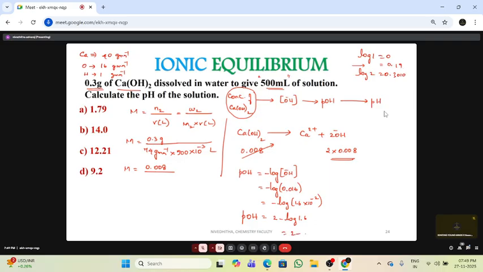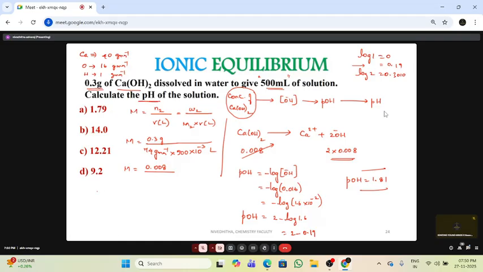What will be the answer? 1.81. Okay, 1.81. Fine. So if this is the value of pOH, could you please calculate the value of pH? Because they're asking for the value of pH.